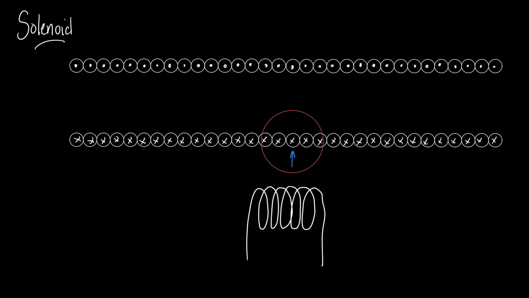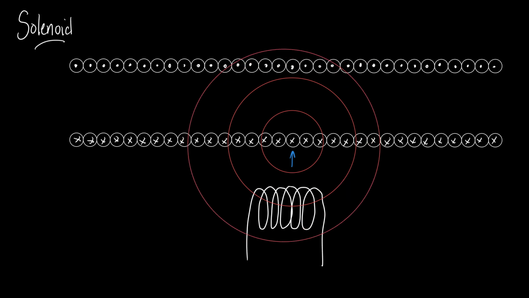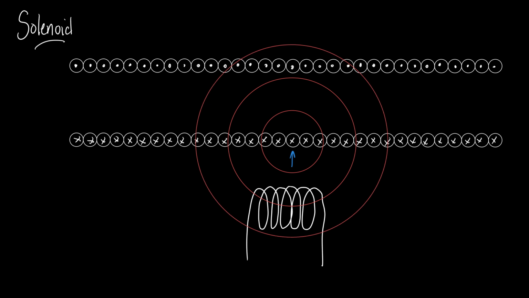I also know that magnetic field is going to get smaller as we get further away from the wire. So as I look at just that wire for a moment and use the right-hand rule, I know that the direction of that magnetic field will be this way and this way.